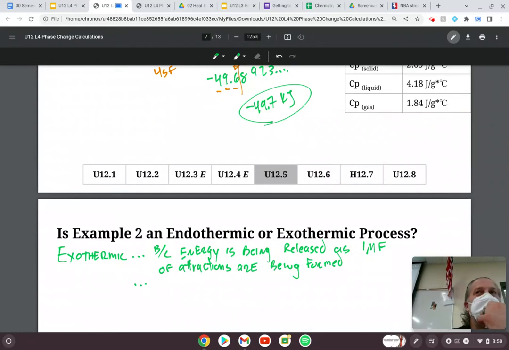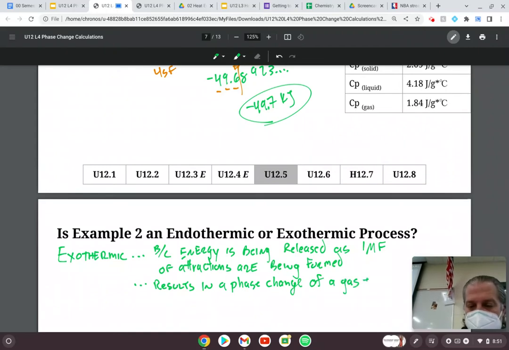And as a result of those intermolecular forces of attraction being formed, this results in a phase change of a gas to liquid.